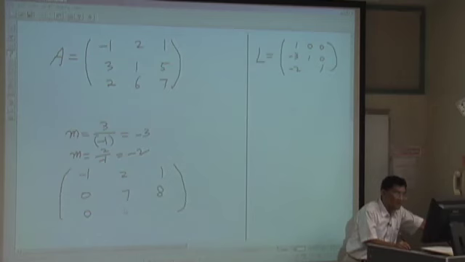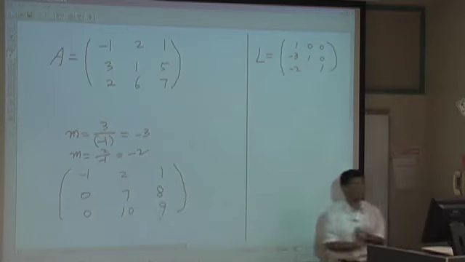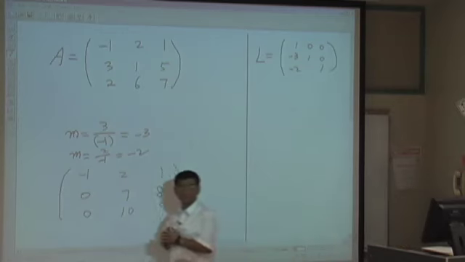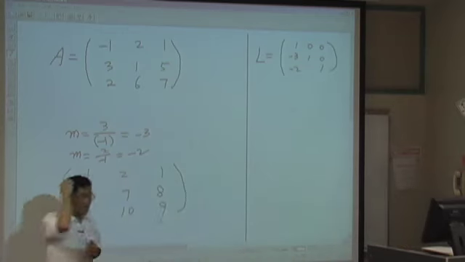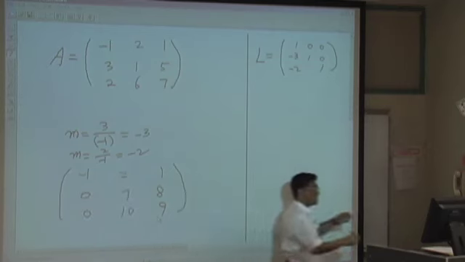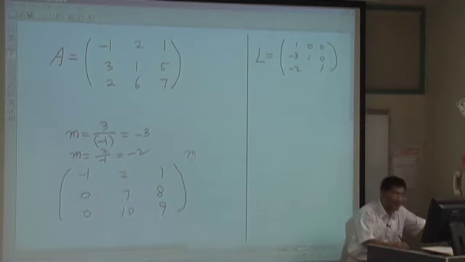And then -2 multiplied here and then subtracted gives 10, 9. And then finally, we can find M here, right? M here is what? 10 over 7. Do you follow me? 10 over 7 is M. So 10 over 7 should be stored here.